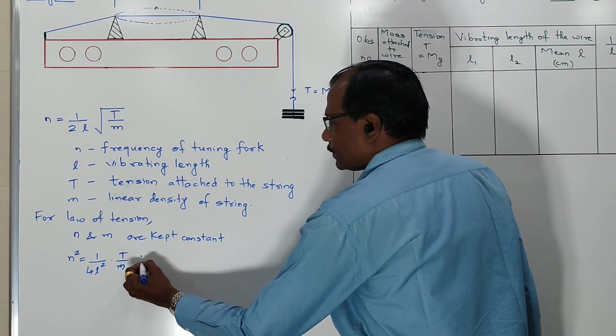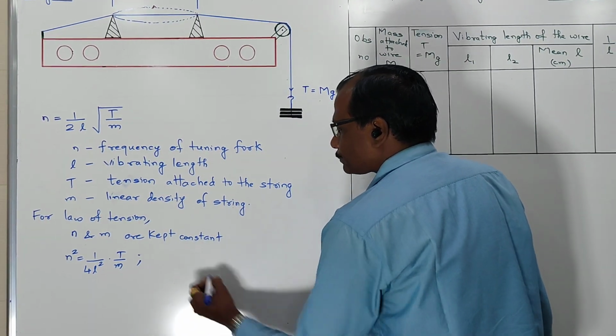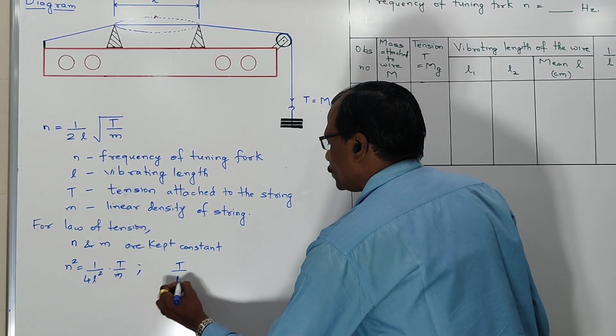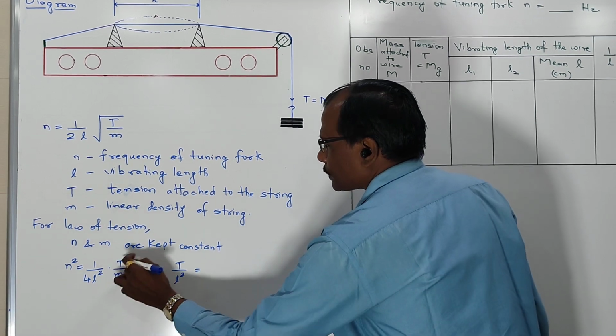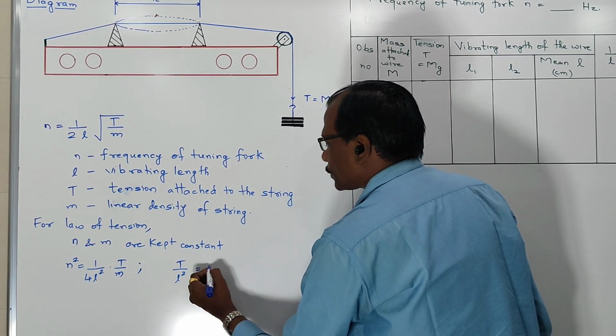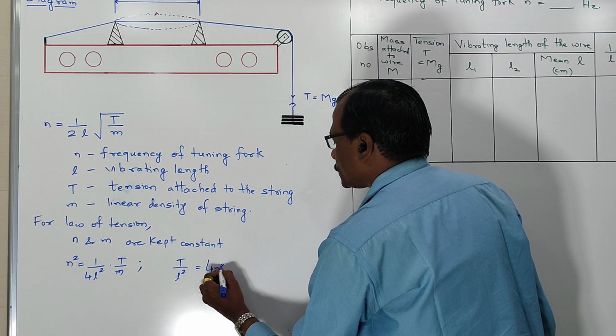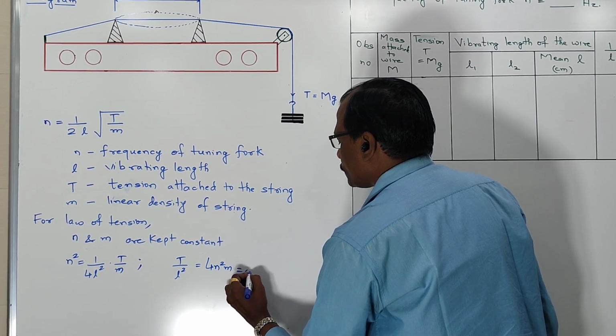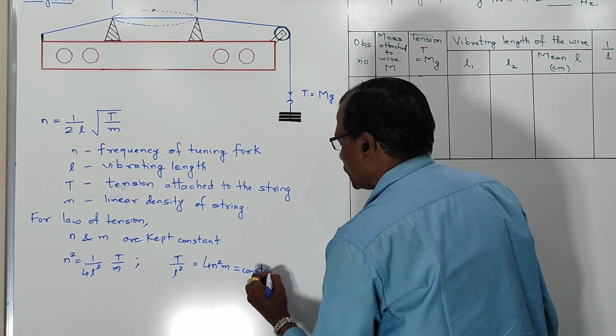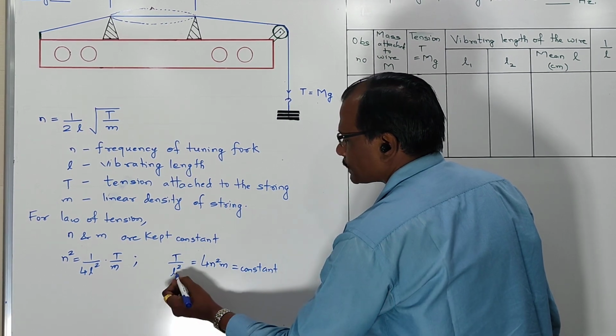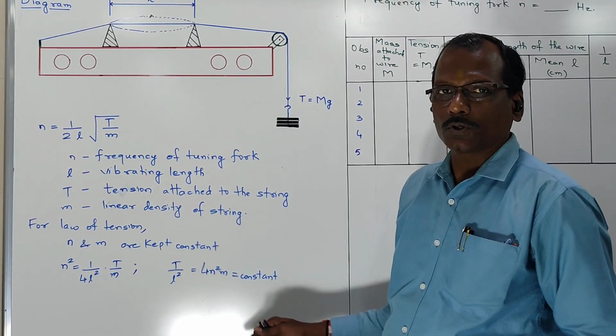We can write this as T by l square is equal to 4 n square into m, which is equal to a constant. That means in this experiment we will be using the relation T by l square is equal to constant.